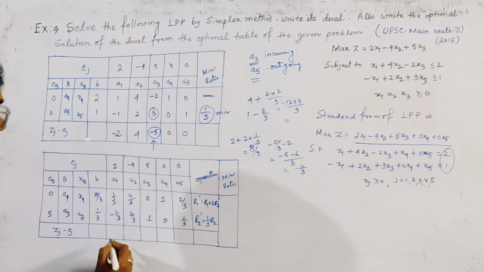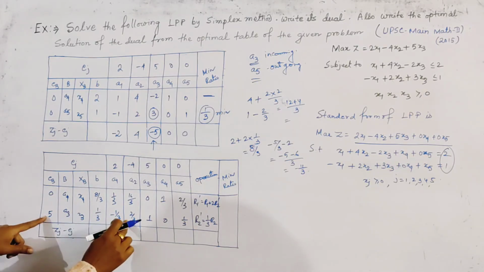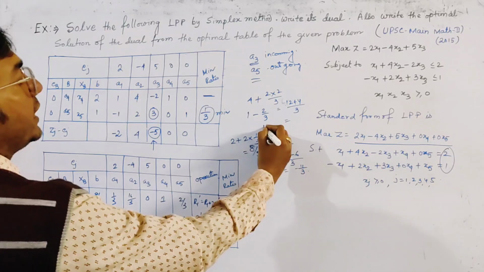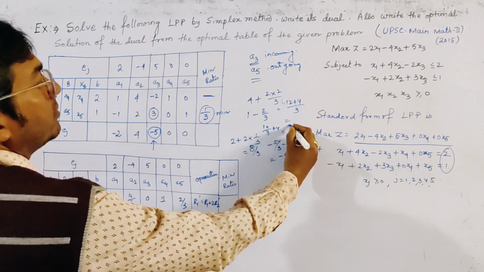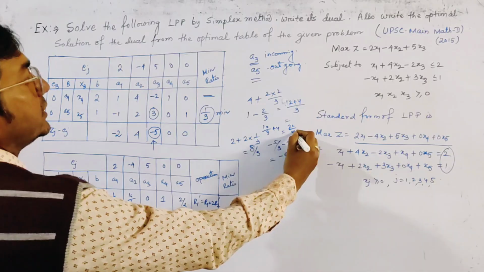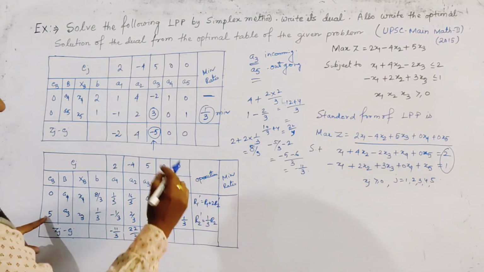Right? This is minus 11 by 3. And this is given by 10 by 3 plus 4, this is given by 22 by 3. Right? 22 by 3. And clearly this is 0, this is 0, and this is 5 by 3.